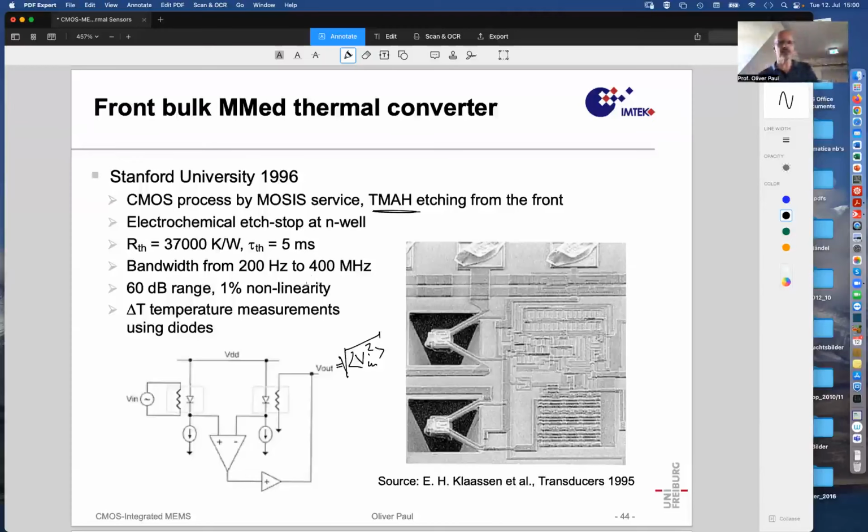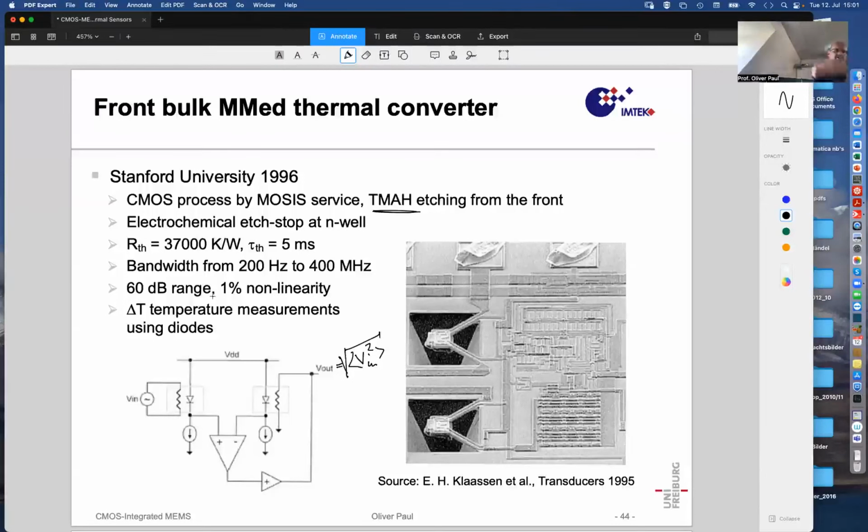This is not a high frequency design, it's a medium frequency design, and they had very good nonlinearity and 60 dB of range, which is quite a few powers of 10 of range.